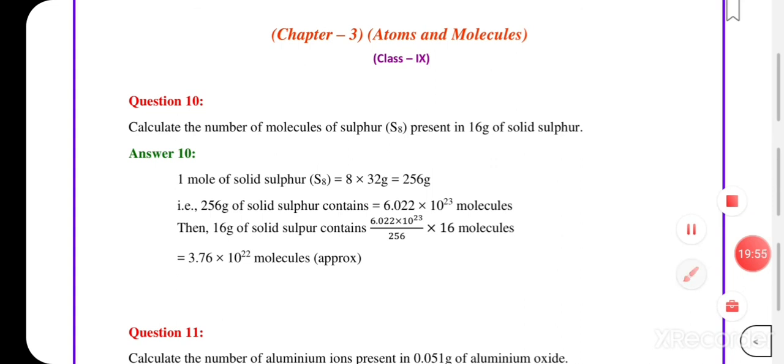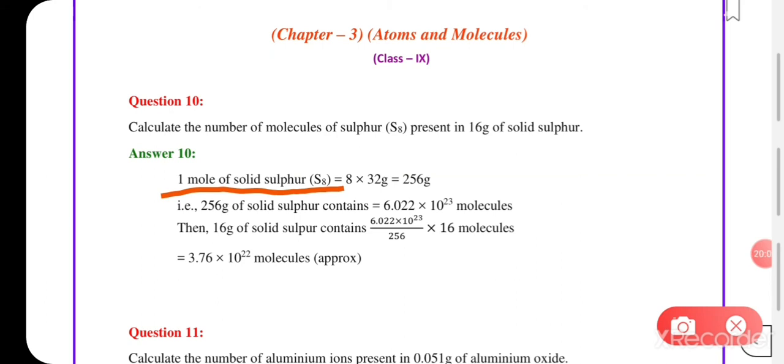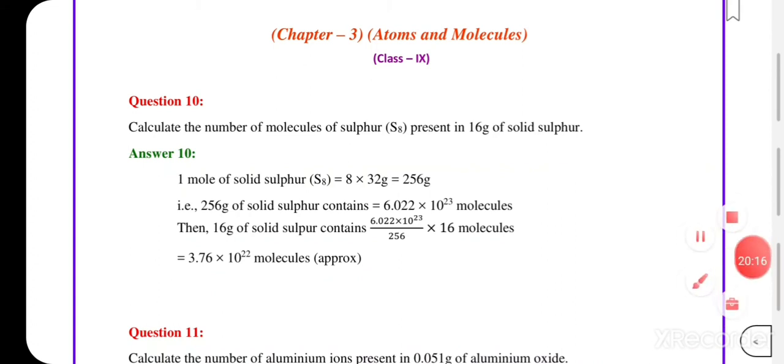So 1 mole of solid sulfur, that is S8, will be equal to 8 into 32. 32 is the mass of sulfur. 1 atom of sulfur weighs 32, so 8 atoms will weigh 8 into 32, so 256 is your molar mass, correct?